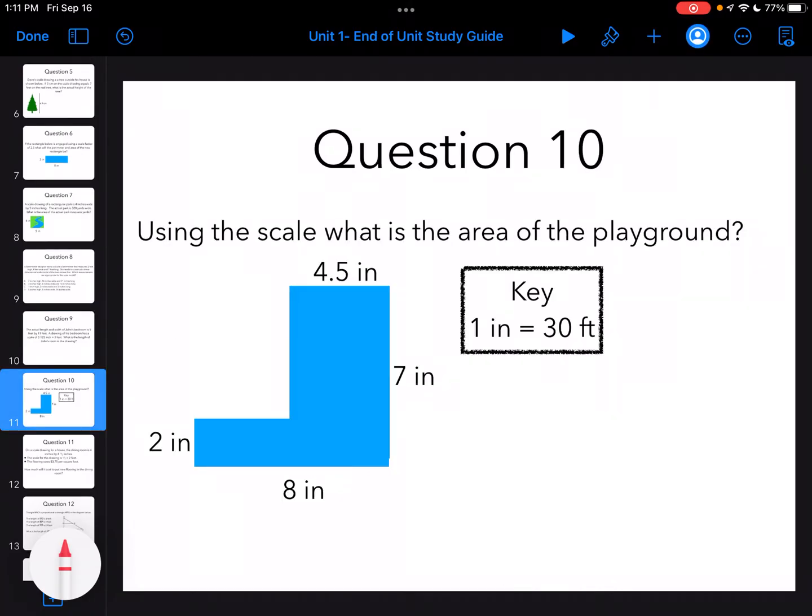Using the scale, what is the area of the playground? So it says the first thing I have to do is change all of my dimensions. So 1 inch equals 30 feet, so I'm going to multiply all my numbers by 30.